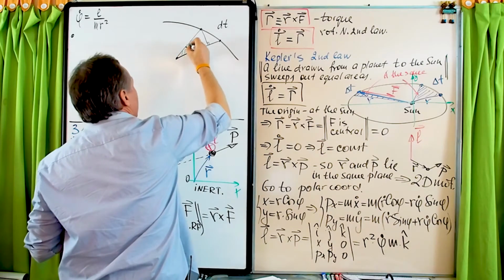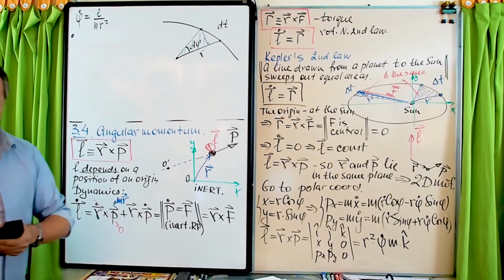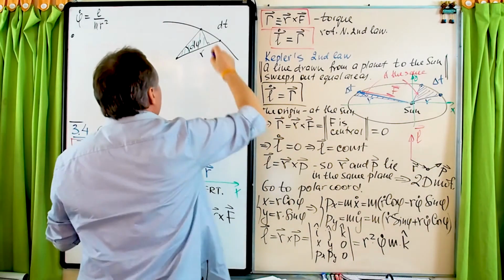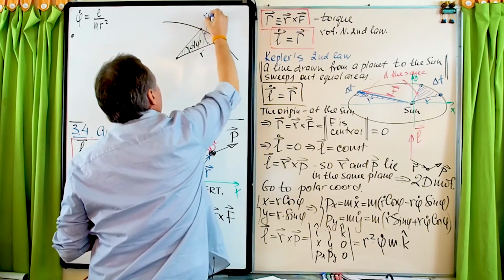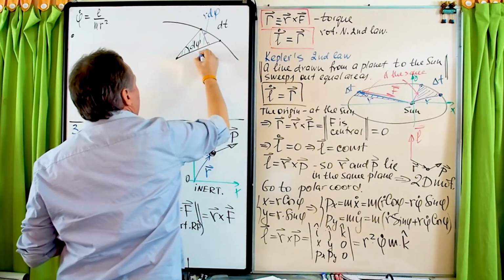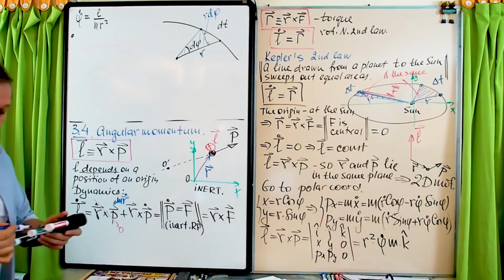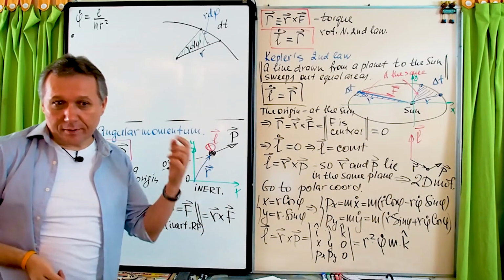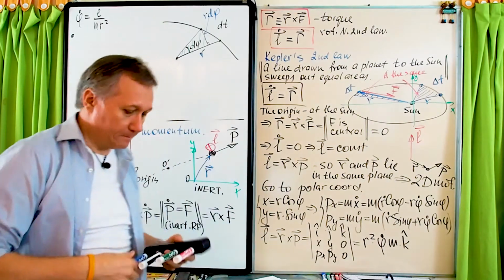And I'm going to calculate this area. So of course, this side is r d phi. This is r, from here to there, approximately. So it's just the area of a triangle, one half base times height.